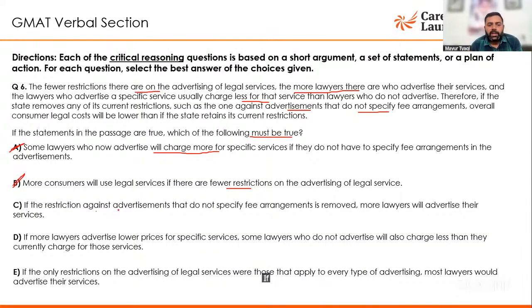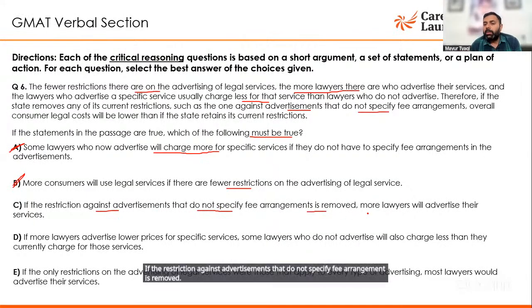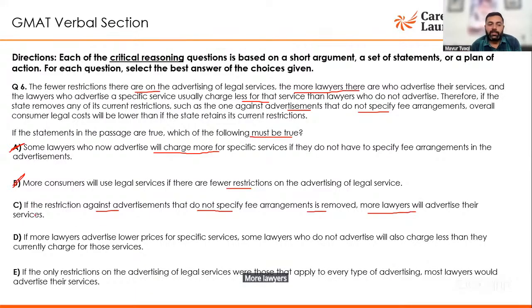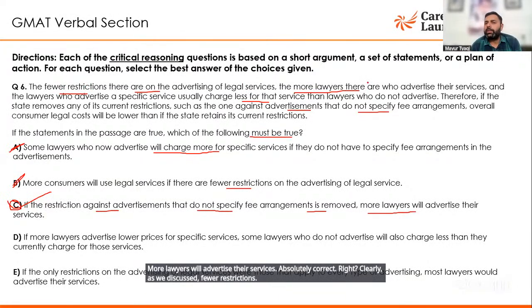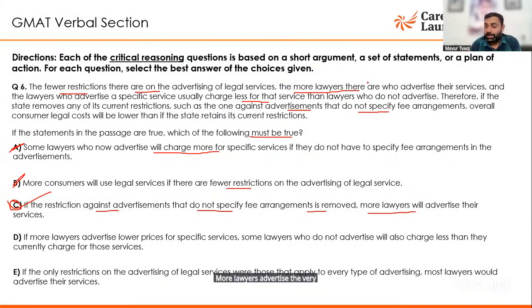If the restriction against advertisements that do not specify fee arrangements is removed, more lawyers will advertise their services. Absolutely correct, right? Clearly, as we discussed, fewer restrictions, more lawyers advertise. The very first line helps you select the right answer straight away, right? If lawyers advertise lower prices, some lawyers who do not advertise will charge less.